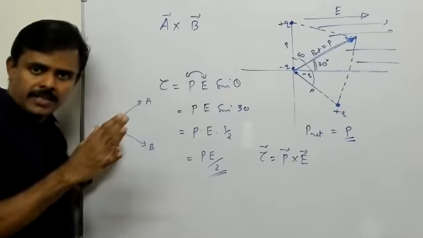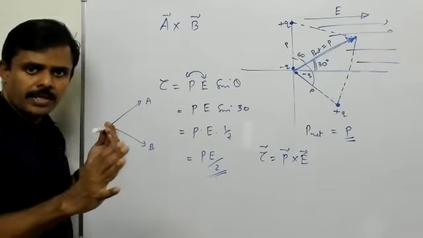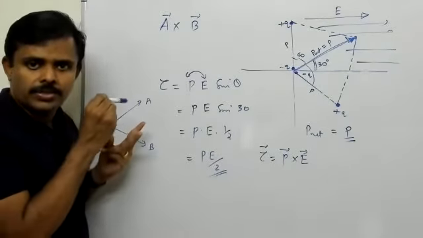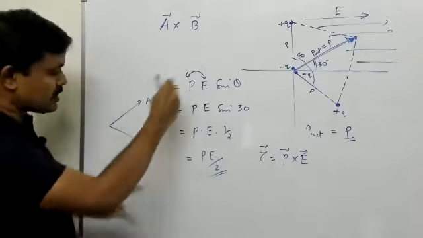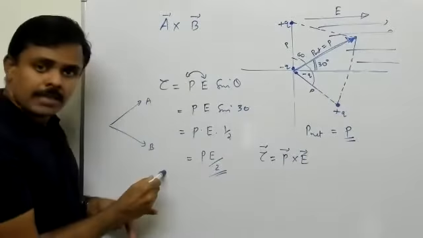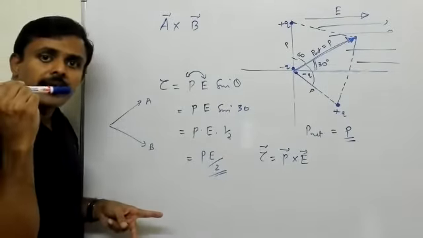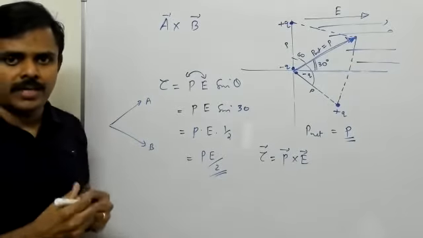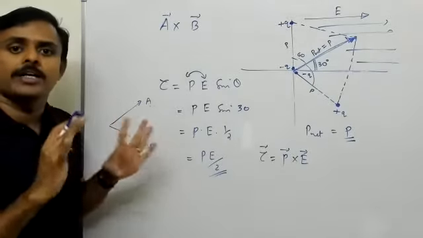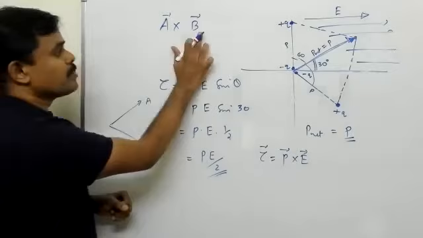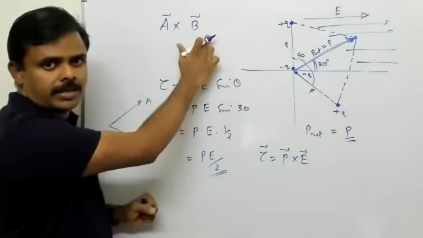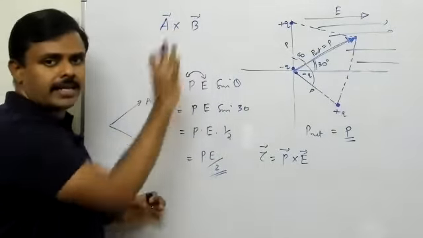Wherever you go in the world, the screw will go into the board. So if A and B are on the board, A cross B is into the board, and B cross A is out of the board. Anyway, it is perpendicular to both A and B, or the plane containing A and B.